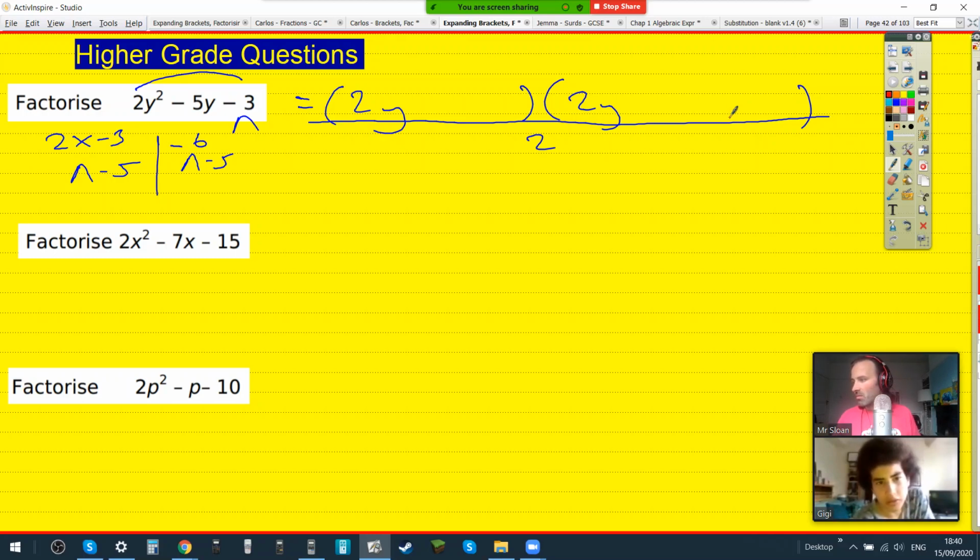2 and minus 3. No, that will make minus 1. Minus 4 and plus 1. They have to multiply to make 6.